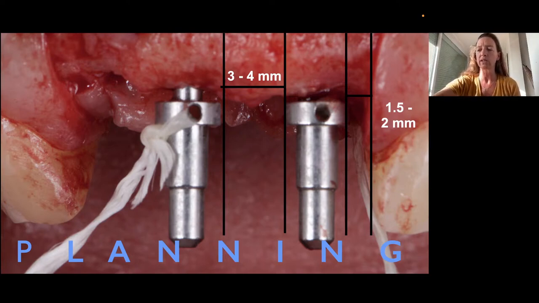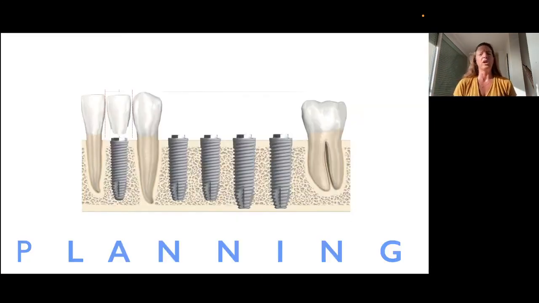So when we look at our cases, we always have to have this in mind. So imagine that we are planning to place all these implants because we have all these teeth that are missing. So imagine that we only have the central incisor, the canine, and the wisdom tooth there.